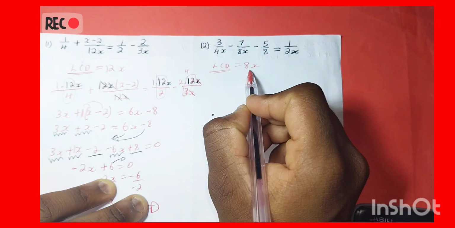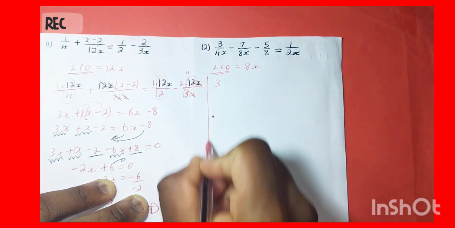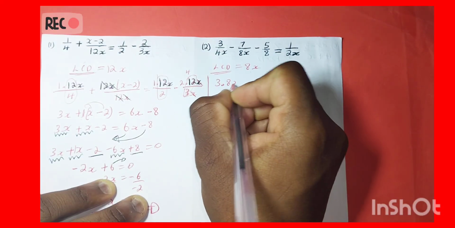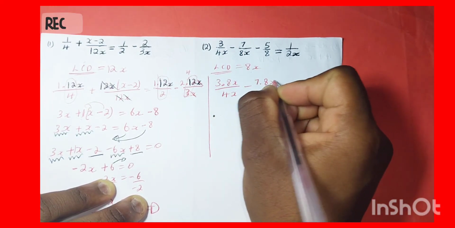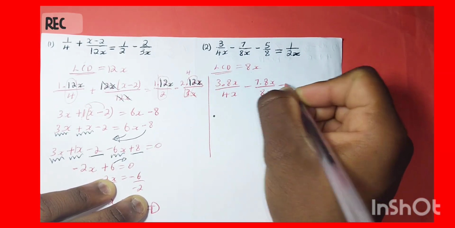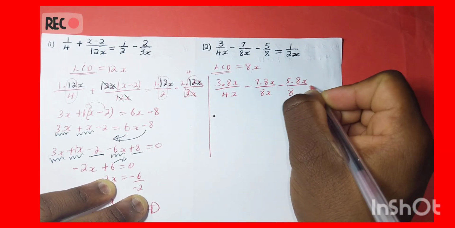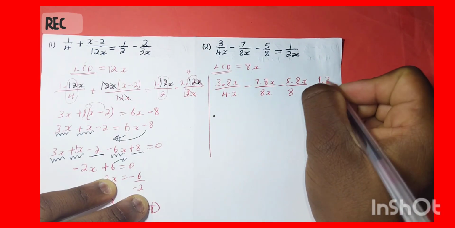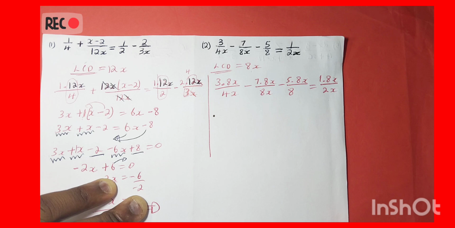I will take that 8x and multiply each term, meaning it will be 3 multiplied by 8x divided by 4x, minus 7 multiplied by 8x divided by 8x minus 5. Just like this, guys. If you just know how to take an LCD, you will never go wrong, trust me. And now this is what will happen there.